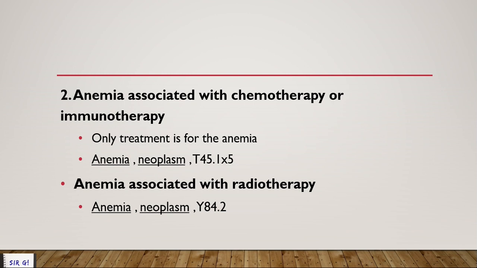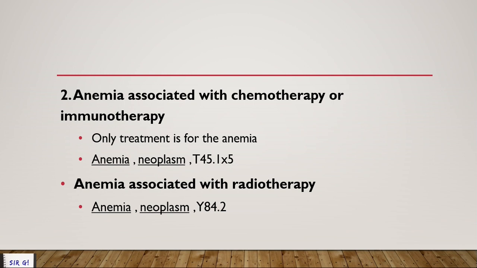It is usually an adverse effect. The anemia is most of the time the adverse effect of your immunotherapy or your chemotherapy. So if the reason for that anemia is due to chemo or immunotherapy, code for anemia. So we're back to the normal guidelines.